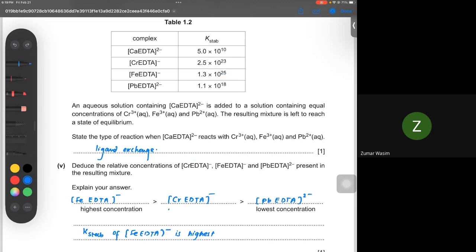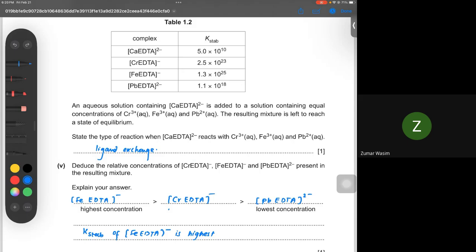We just have to look at the table and decide which one has the highest concentration and which one has the lowest. Why is FeEDTA, that is your product, having the highest concentration? It's more stable. How can I say that it's more stable?